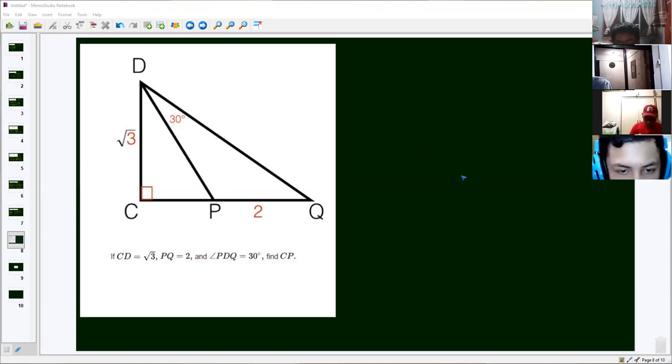So to those who are still solving, I'll just start by labeling, guys. CP, we don't know, X. This angle, I don't know, theta.